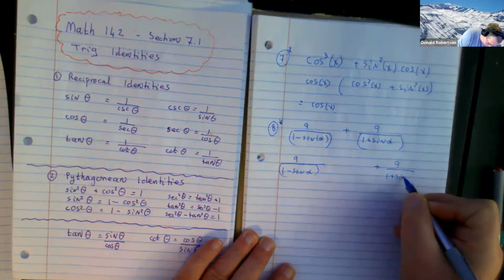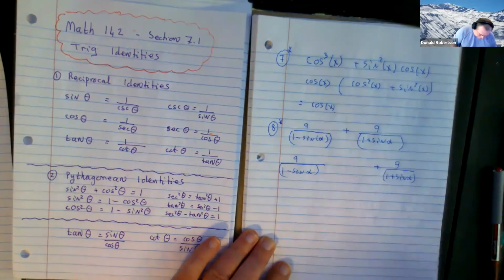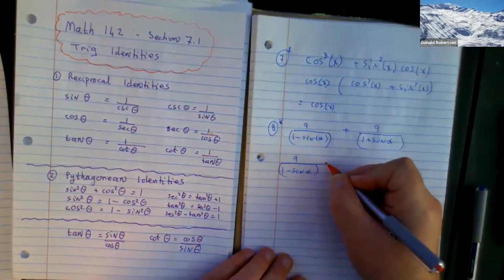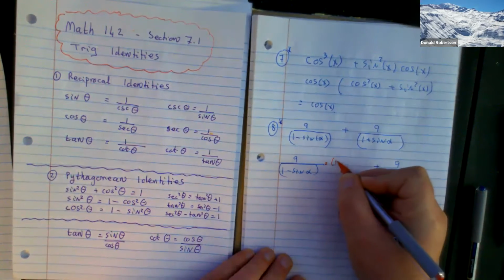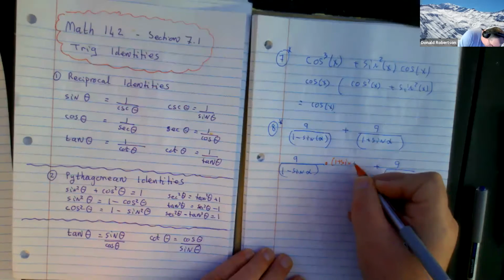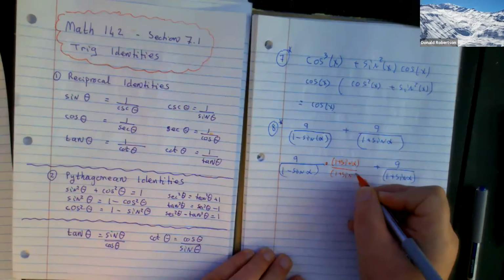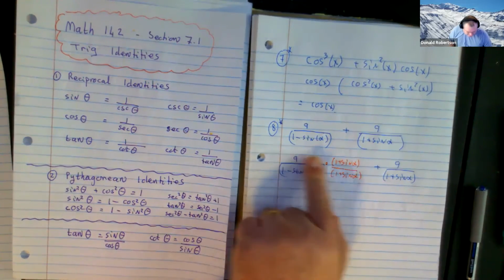So if you want to add two fractions together, you need a common denominator. So I'm going to multiply this guy by 1 plus sine alpha, top and bottom. That's essentially multiplying this fraction by 1.